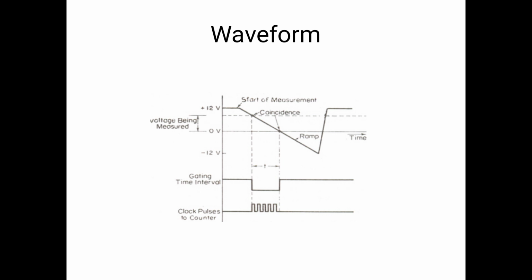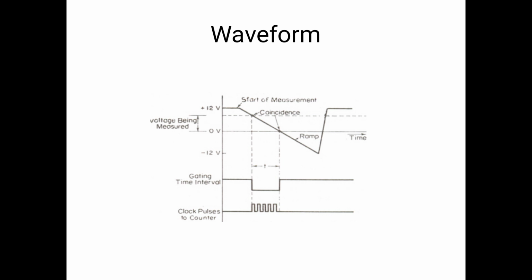We have a start of measurement, and when the unknown voltage is equal to our input reference, the gate will open, which makes the clock pulses get into the counter. When the ramp signal reaches the 0 level, the gate closes.